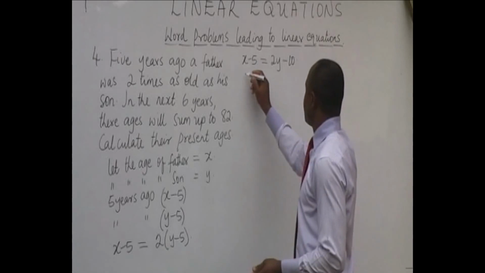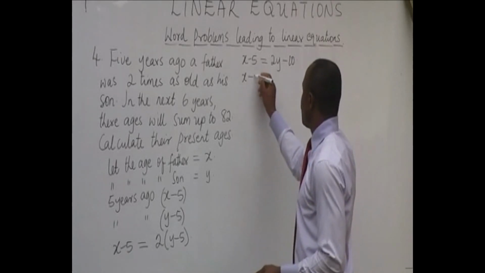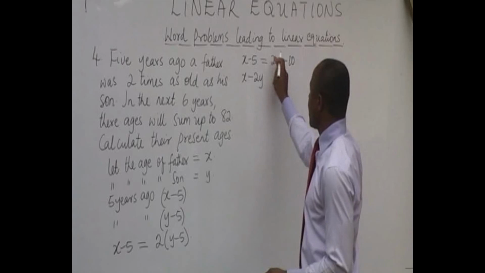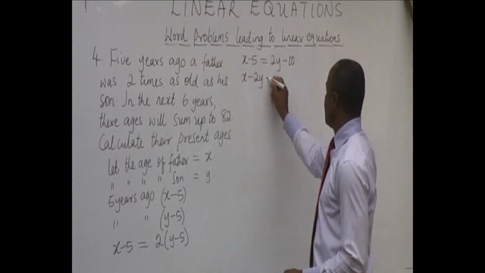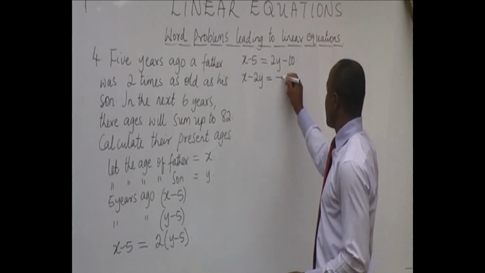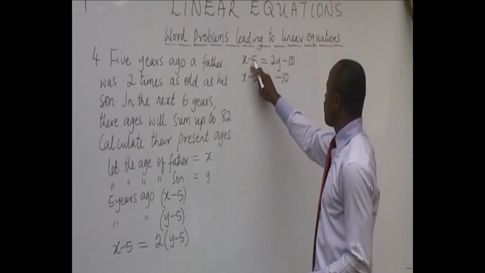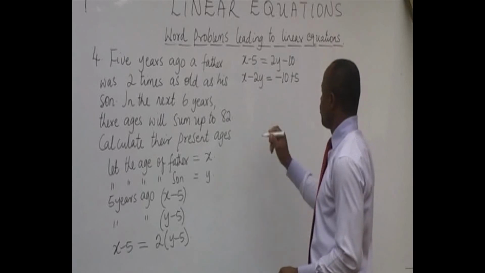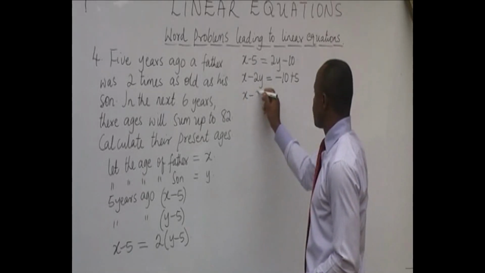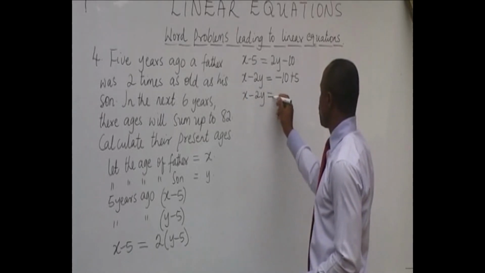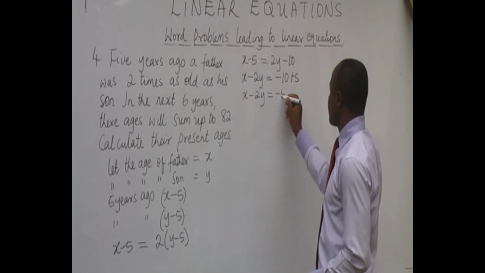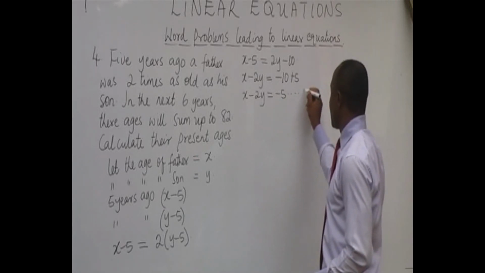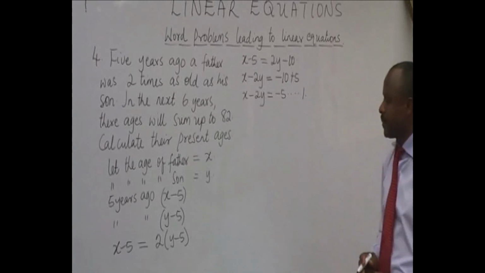You're going to have X minus 2Y. 2Y crossing to the left-hand side, you change to minus; already you have minus 10 here. Minus 5 crossing to this side, we change to plus 5. So I'm going to have that X minus 2Y is equal to minus 5. This will be our first equation.